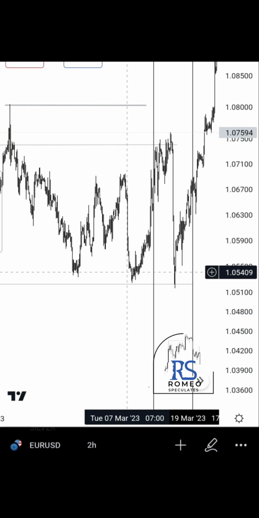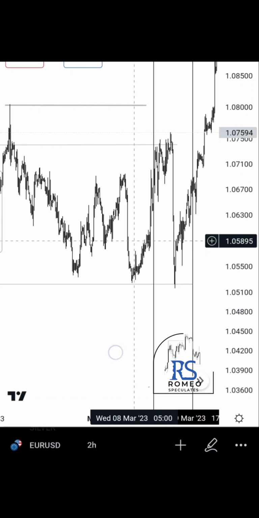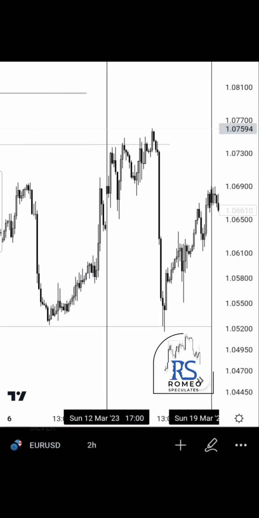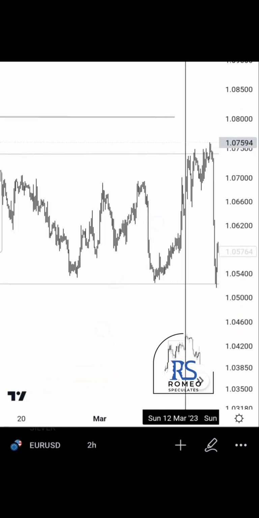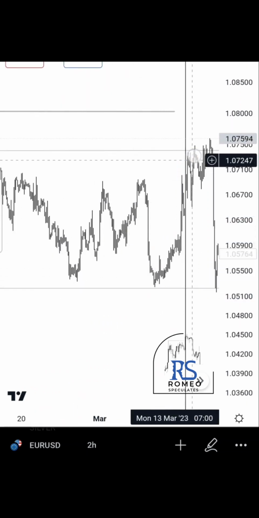Very good trade, which I did not take. I'm not going to pretend like I'm some genius. I did try to enter on the way up here. I got a portion of that. But anyway, consolidation, consolidation, turtle soup, market structure shift.